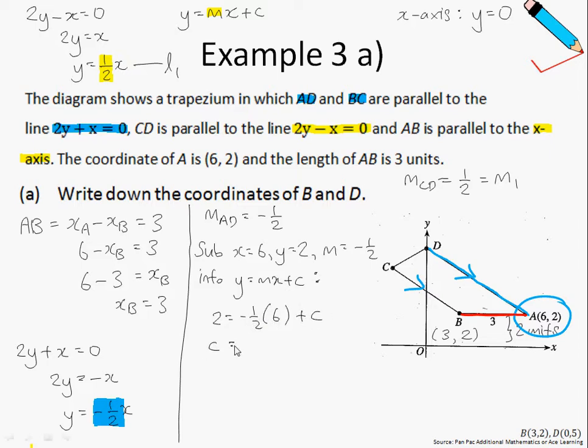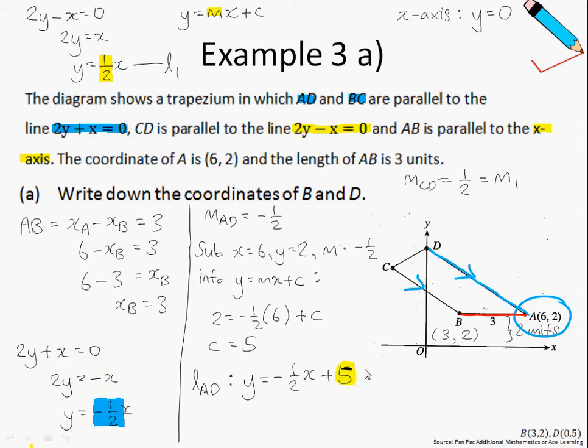Solving this, we arrive at c equals 5. Therefore, the equation of line AD is y equals negative half x plus 5.